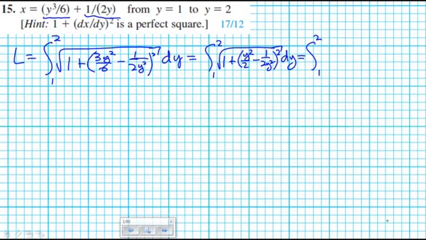And now let's expand that. So I get the square root of 1 plus, squaring the first term, I get y to the 4th over 4. Multiplying these two terms together, I get 1/4. And then I double it.